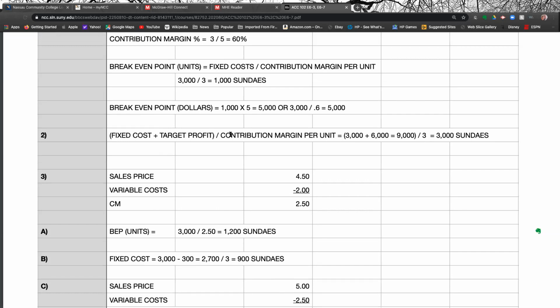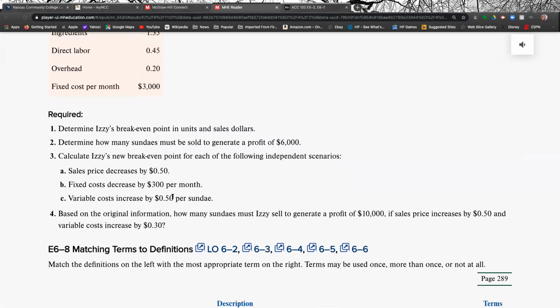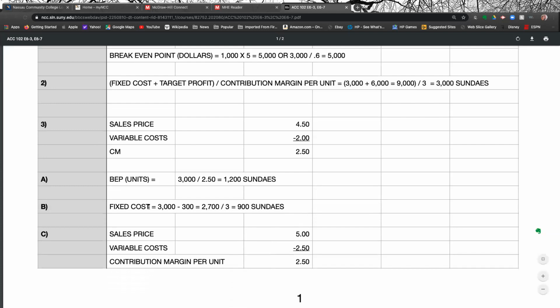Let's take a look at Part B. Part B says, what if everything stayed the same except fixed costs decreased by $300 a month? All right, so that's here, Part B. If the fixed costs decreased $300 a month, your fixed costs would now be what?